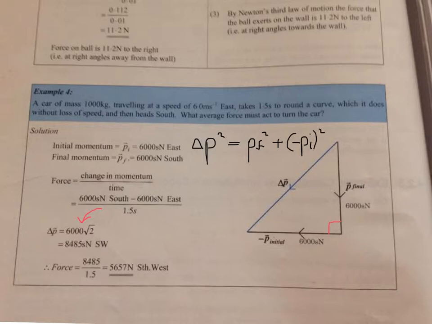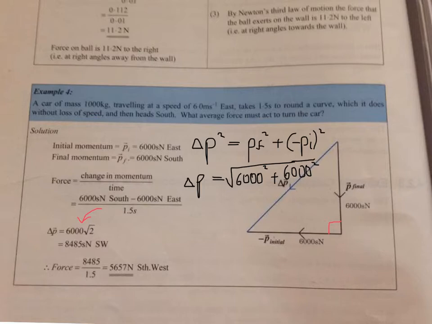Okay, so what that rearranges to is delta p equals the square root of 6,000 squared plus 6,000 squared.